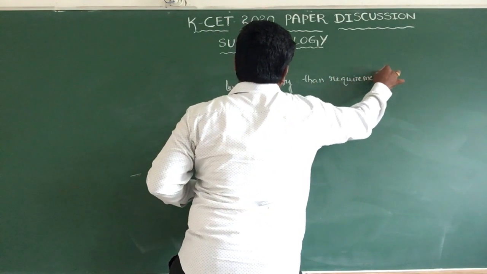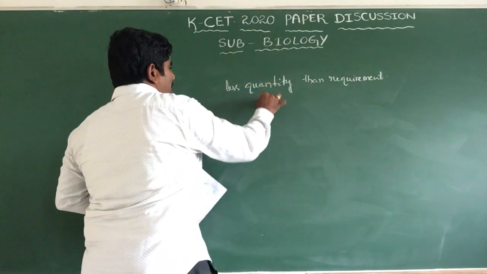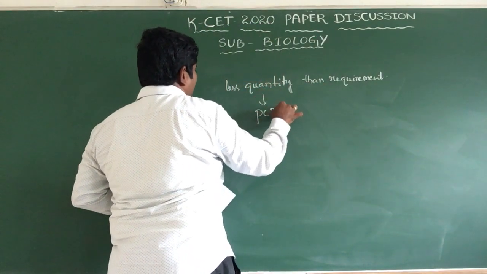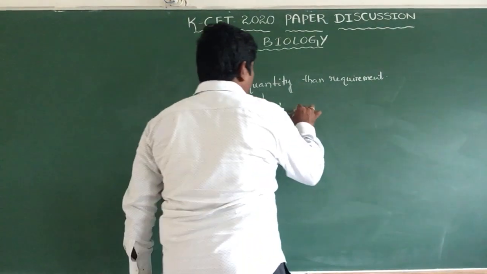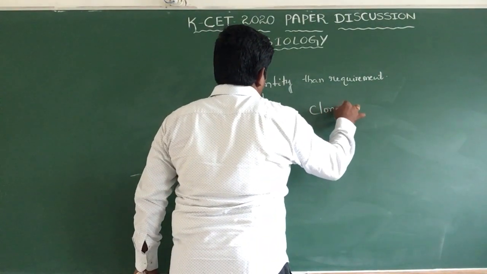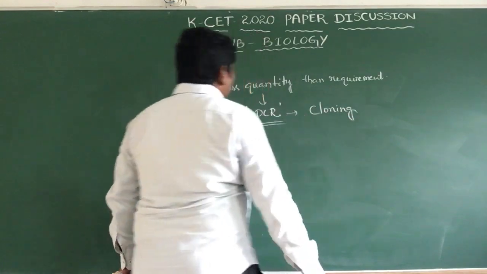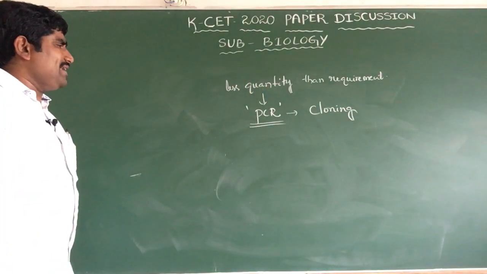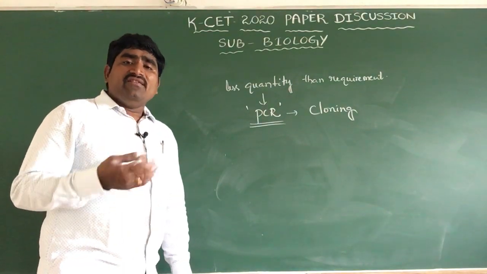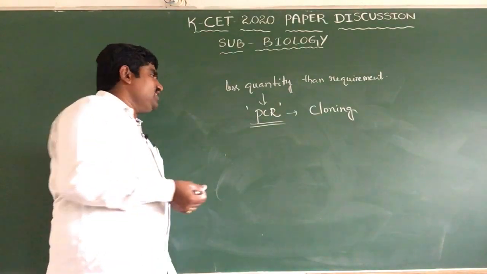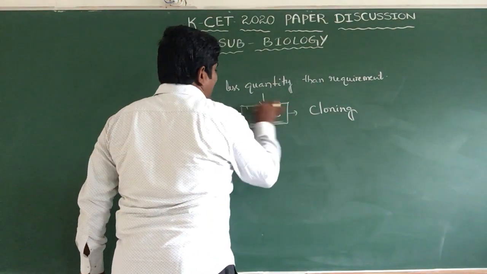By using PCR, polymerase chain reaction, we can produce multiple copies of genes, or by using cloning. So through PCR we can do cloning, so that from the same copy of DNA, we can make multiple copies of DNA. This is what we call polymerase chain reaction.